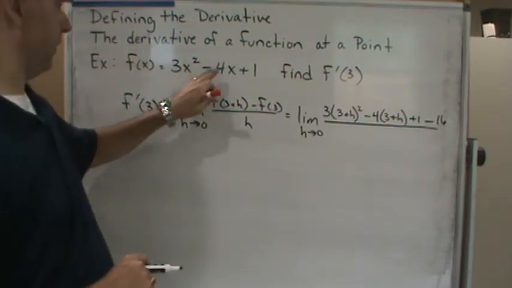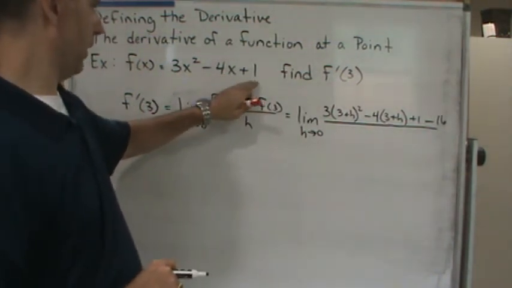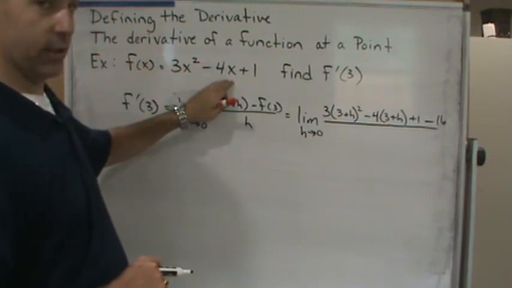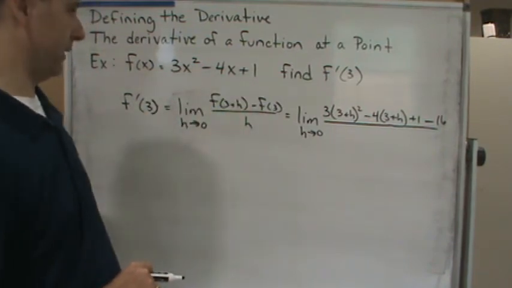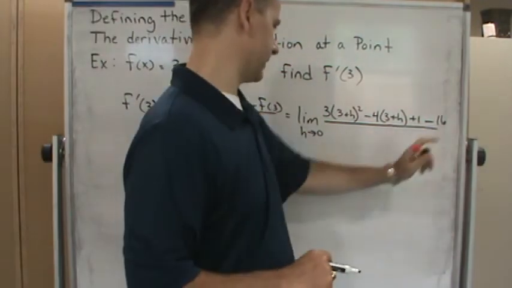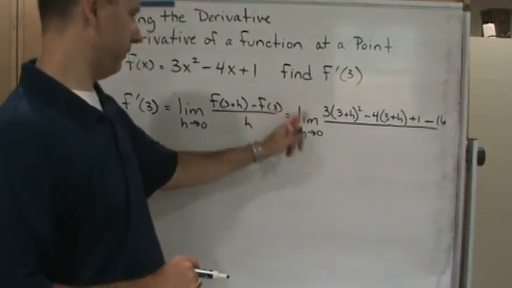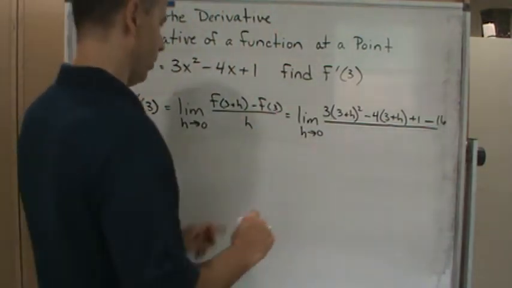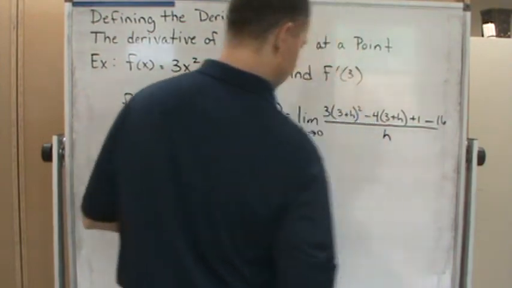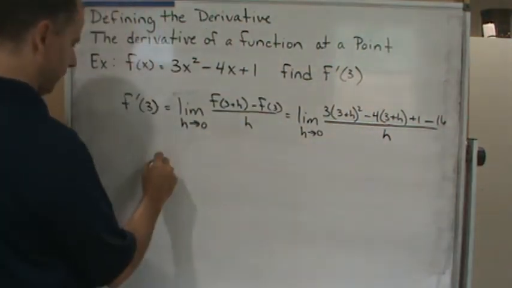So 27 minus 12 plus 1. So 27 minus 12 is 15 plus 1 is 16. Okay, so now I'm going to subtract 16. So that's my f of 3. And so, of course, I have h.